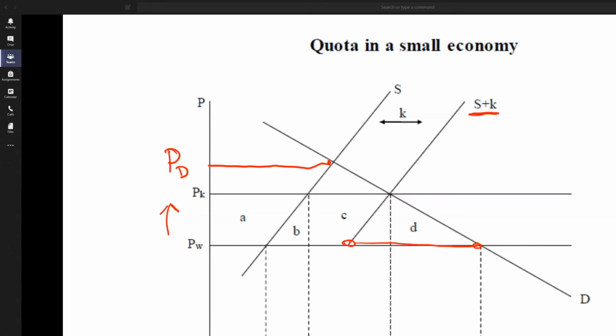A plus B plus C plus D, we will write it together. This is lost by the consumer because there is a higher price in the domestic market. But not everything was lost. Something moved to domestic producers. What moved to domestic producers? You can see here.